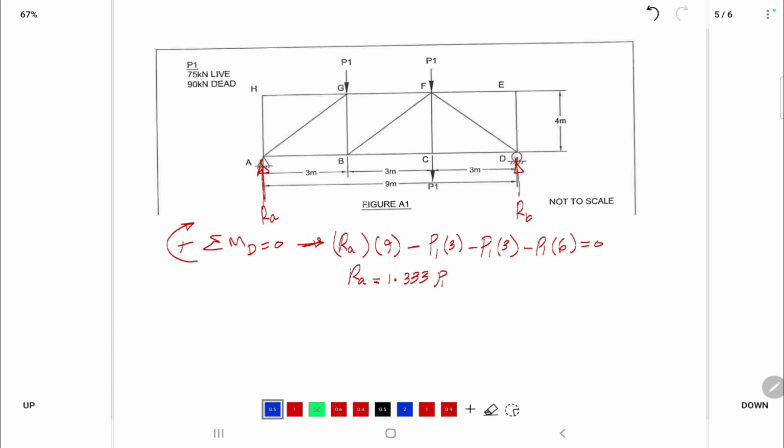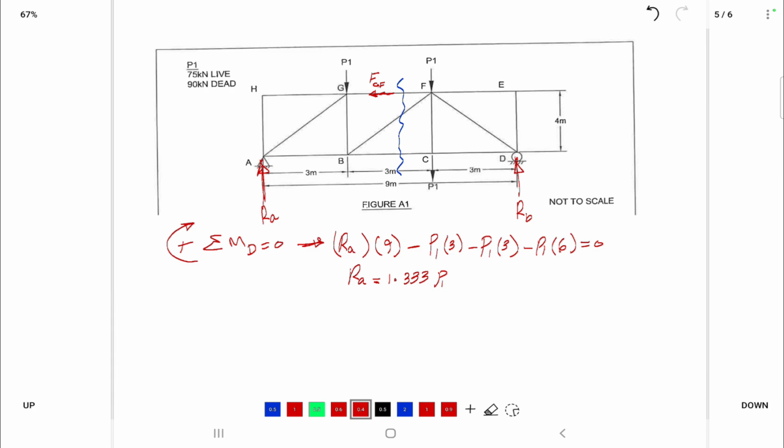Now I can take a section here. If I take a section here, then this force FGF is compression, as is given in the question.